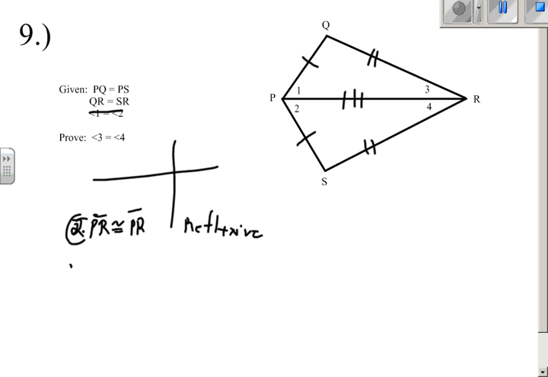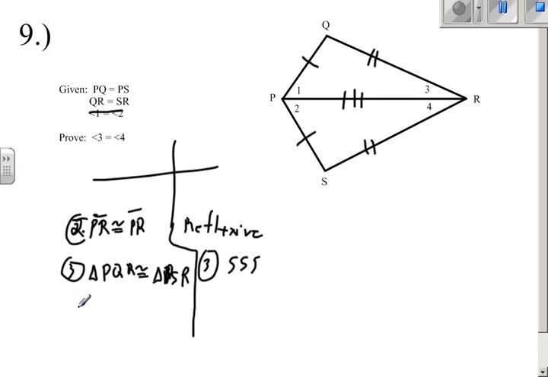And then you would say the two triangles are congruent. Triangle PQR is congruent to triangle PSR. Sorry, it's a little sloppy there. I'm running low on time here. The reason, side, side, side. And then you'd have 3 and 4 congruent by CPCTC.